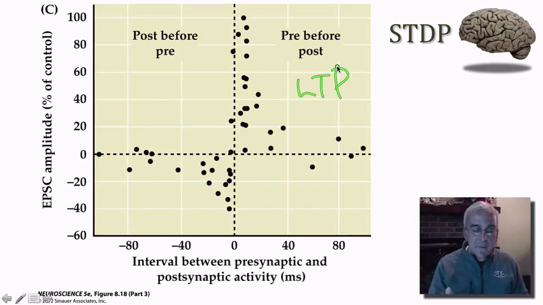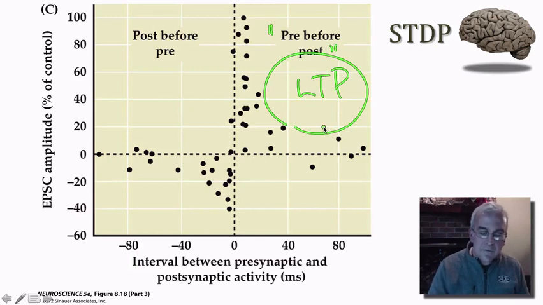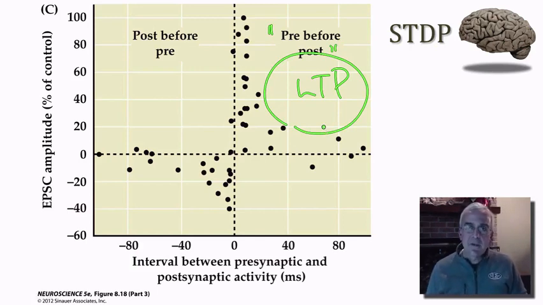If the swing of the bat occurs at just the right time, as the ball is entering the hitting zone, then the batter begins to pass the bat through the hitting zone, and the two make contact, and, well, that's a good thing for the batter, so we'll call that long-term potentiation. Well, there's a particular kind of pitch in the sport of baseball that's intended to deceive the batter. The batter sees the pitcher release the ball, and the batter anticipates that the ball is going at a faster rate than it actually is.